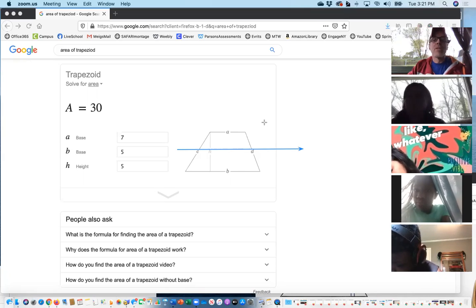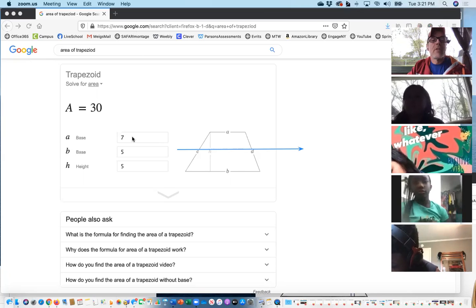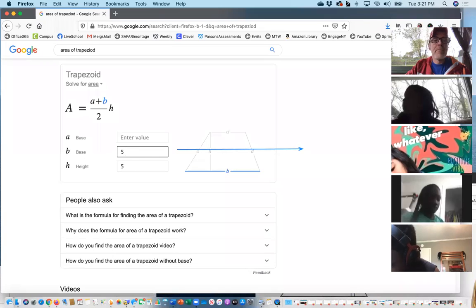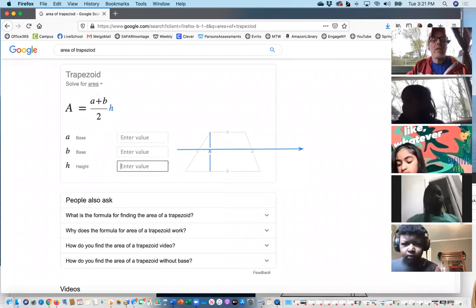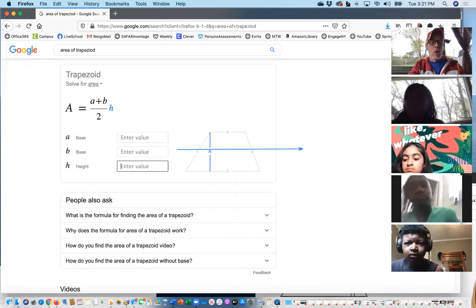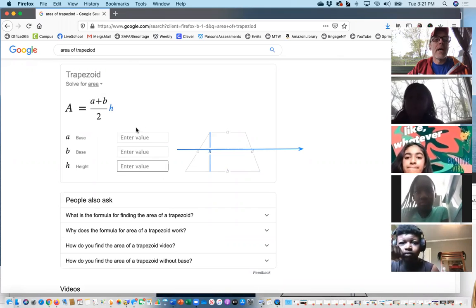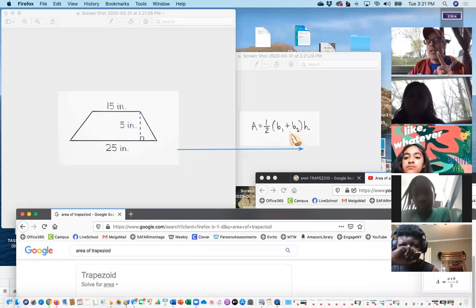All right, let's do one more. Oh, let me ask you this. How does that formula look different than the one we showed before? Okay, let me find that picture.